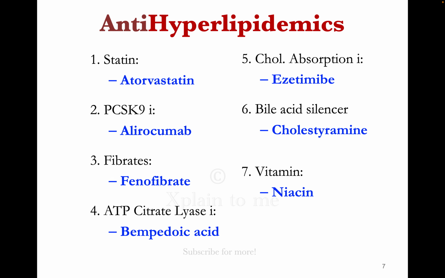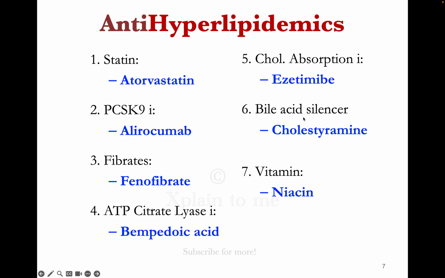But two points to remember on why this drug is okay in pregnancy. This will not absorb into the systemic circulation. When you look at the previous class, the cholesterol absorption inhibitor ezetimibe, that drug can absorb into your systemic circulation, and it can pass through the placental barrier.